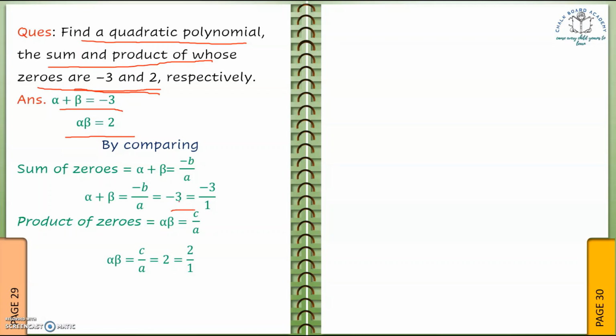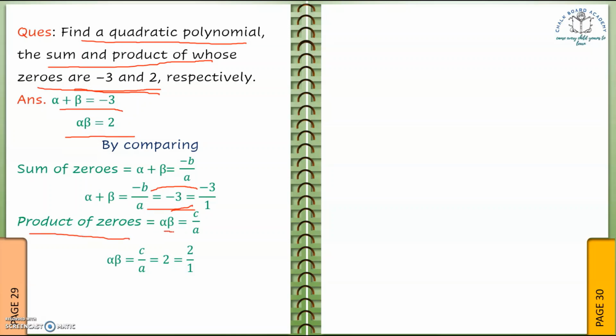minus 3. So we can say minus b by a is equal to minus 3 by 1. So we get the value of minus b as equal to minus 3. So the answer here for b is equal to 3. We are just comparing. And then for a, we get 1. Similarly, for product, same thing.